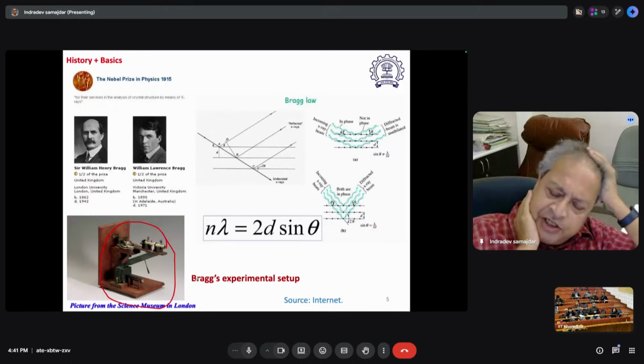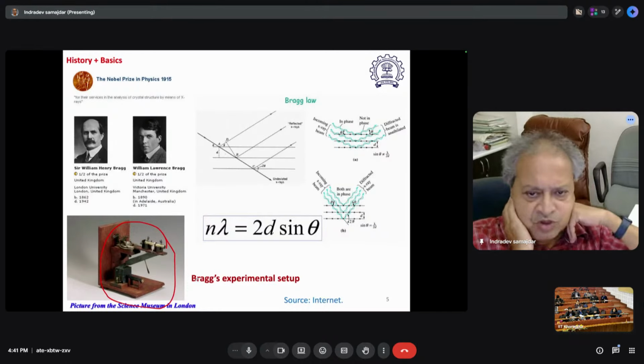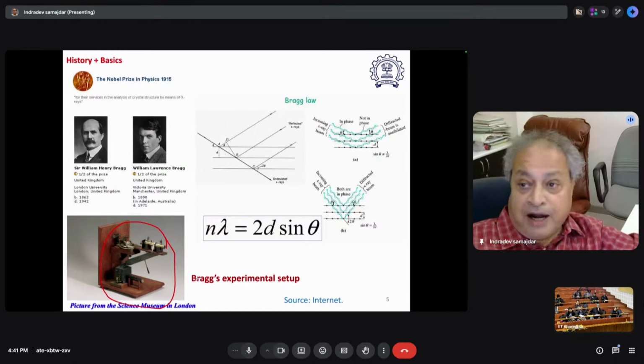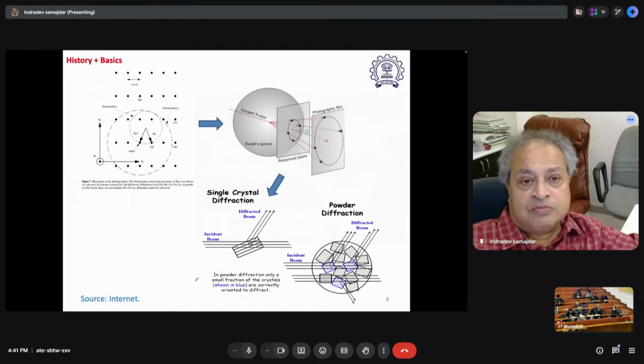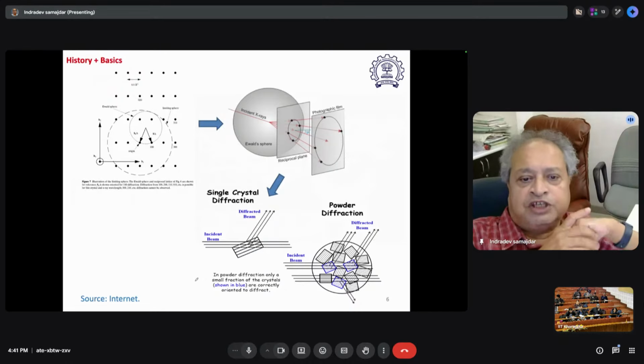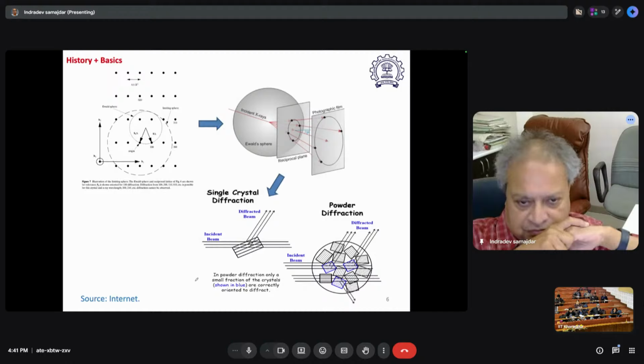Somebody I was collaborating with in our physics department, Professor Shiva Prasad, told me once, and I tend to agree, that Laue is physics, condensed matter physics, whereas Bragg is material science. So Shivan, you're hearing this, you are in the material science department. Now, what are the basics? They construct something called the Ewald sphere.